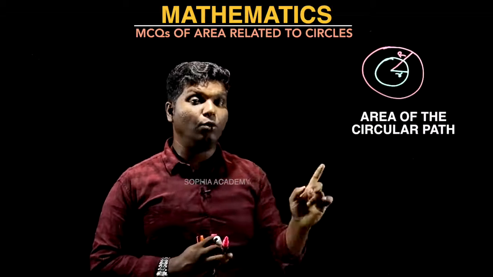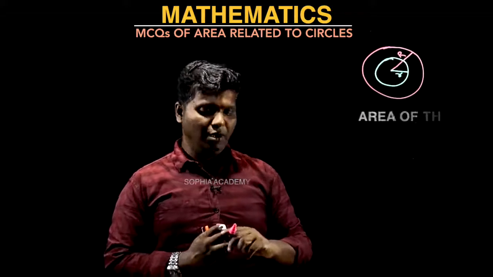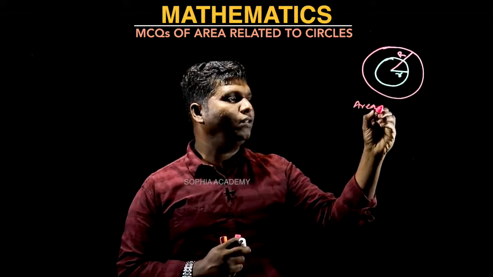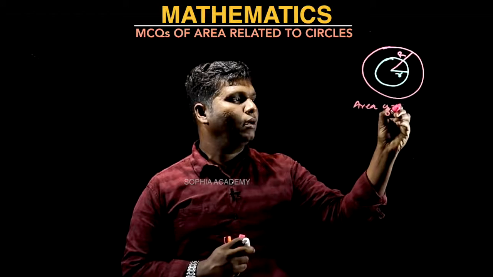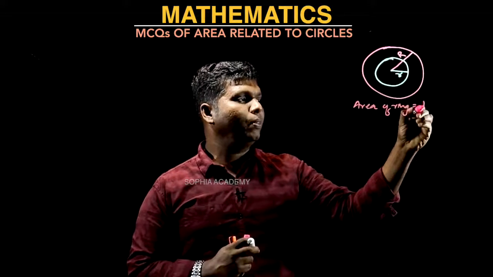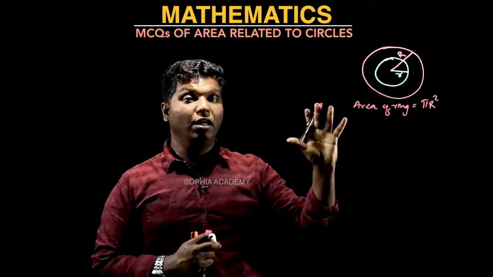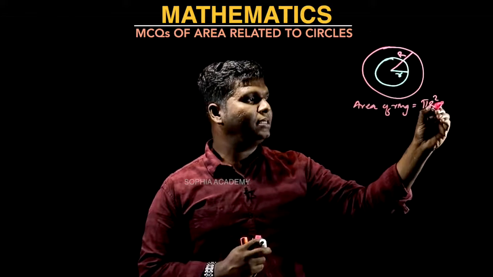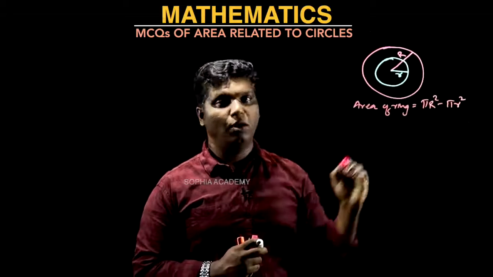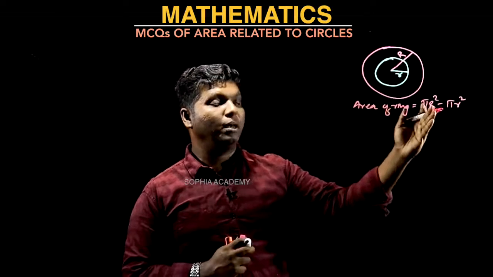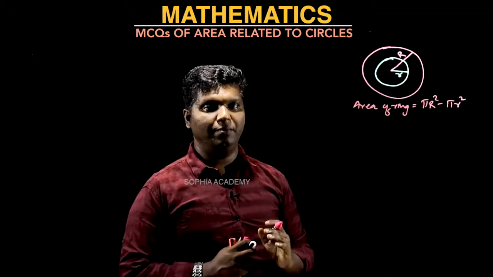So the area of the circular path, or the area of the ring, is equal to pi R square, the total area of the bigger circle, minus pi small r square. If we take pi common, we get pi into capital R square minus small r square, right?